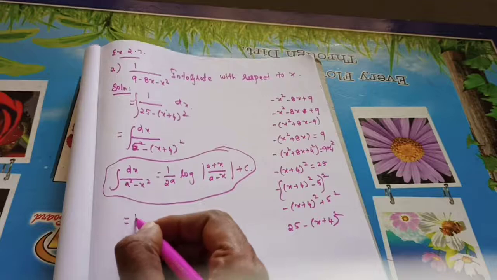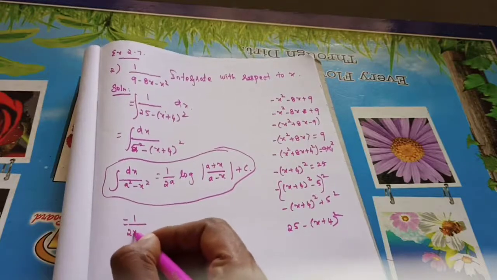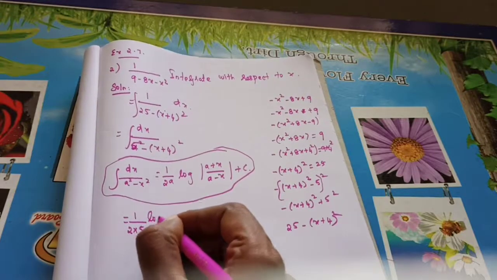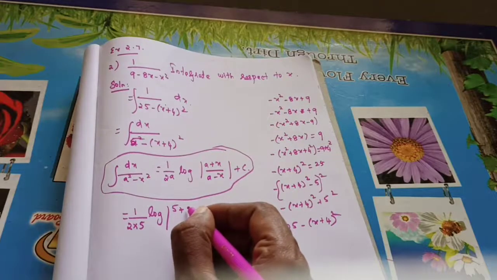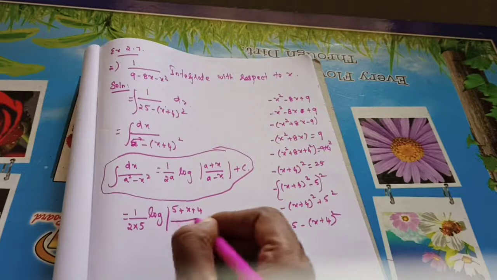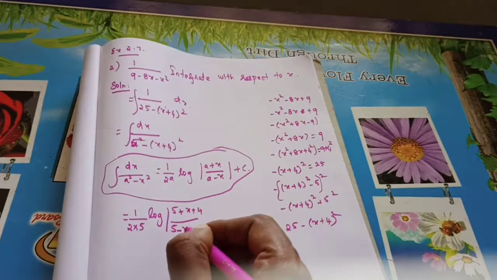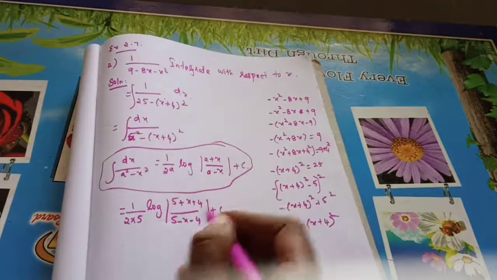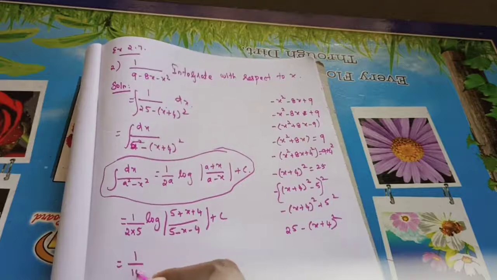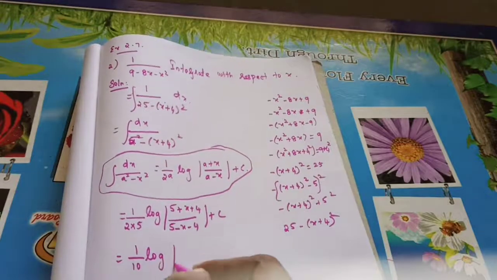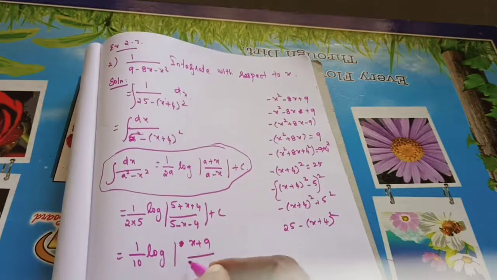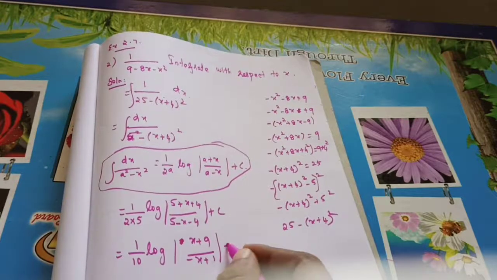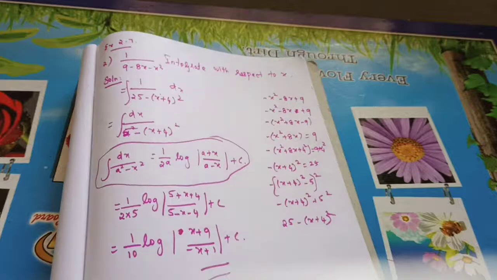That's equal to 1 by 2 into 5, log of modulus of 5 plus x plus 4, divided by 5 minus x minus 4, plus c. That's equal to 1 by 10 log of modulus of x plus 9 divided by minus x plus 1, plus c. This is the answer.